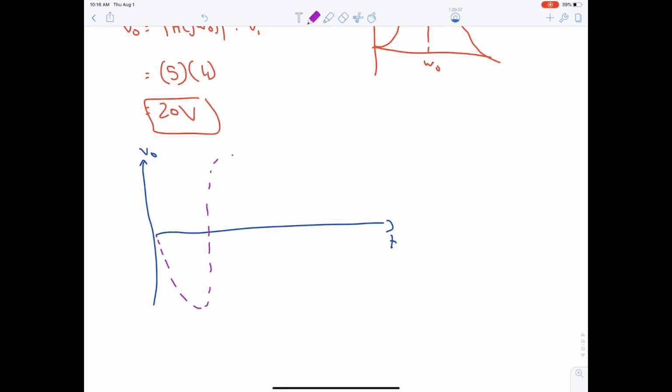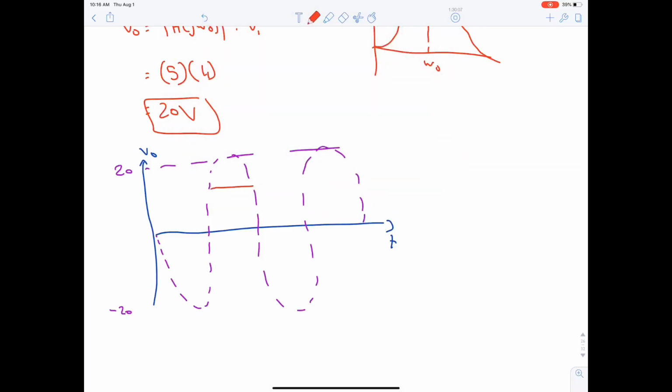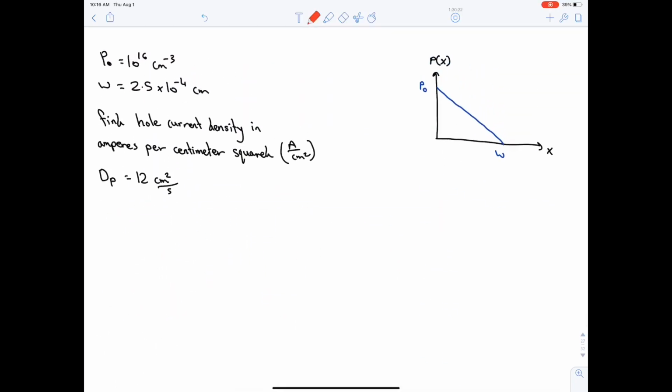This is the expected output. 20 and minus 20. Here we have the saturation limits to be 14 and minus 14.